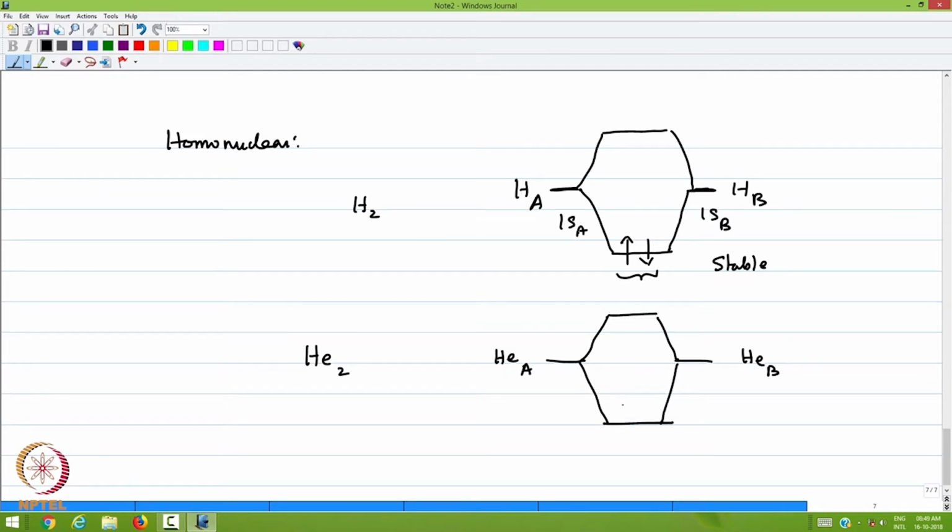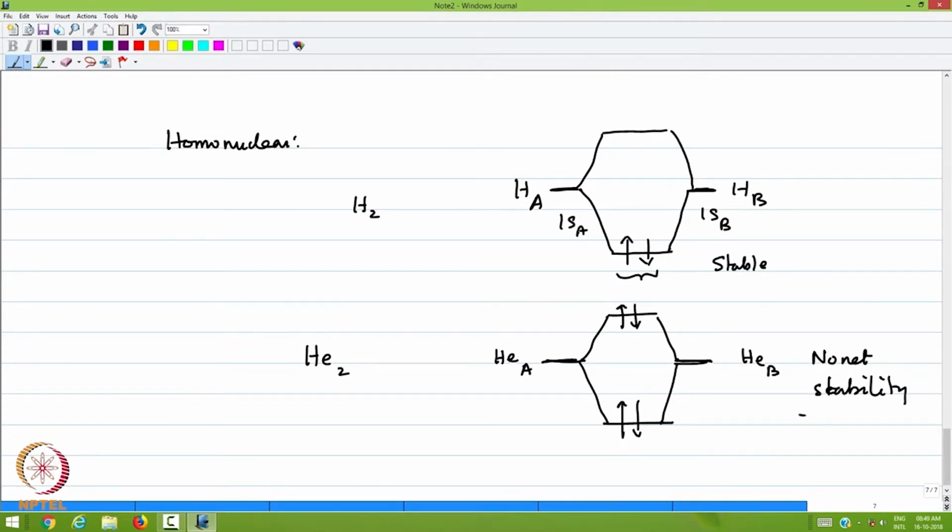If you write this, the helium 2 will have the molecular orbitals both filled, and therefore you see the total energy of this system is twice the stability with respect to this because of 2 electrons, minus the energy due to the pairing of the electrons, which is a very small quantity. That is the negative energy, but then 2 electrons are again in the positive energy by the same gap, therefore no net stability.